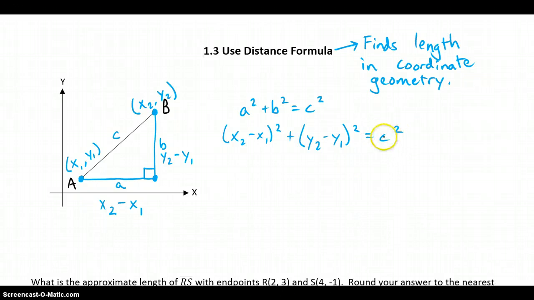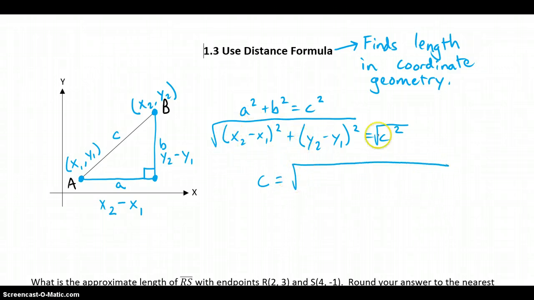Now to solve for c, I need to take the square root of both sides of the equal sign. And the square root of c squared is just c. And on the right side, I'm going to have this formula: the square root of (x2 minus x1) squared plus (y2 minus y1) squared.